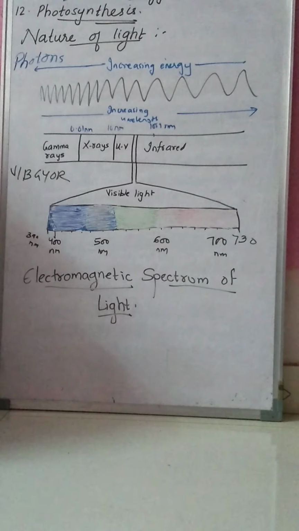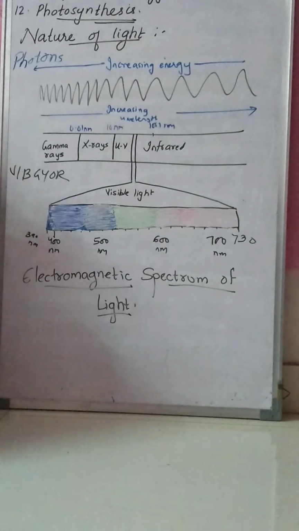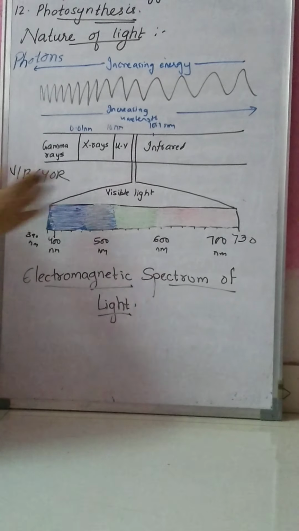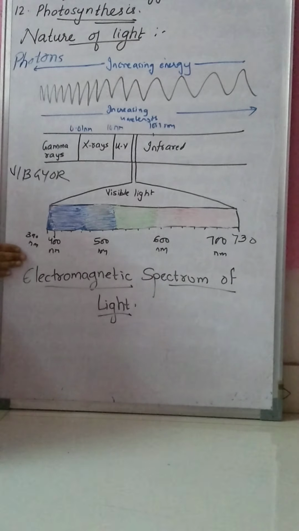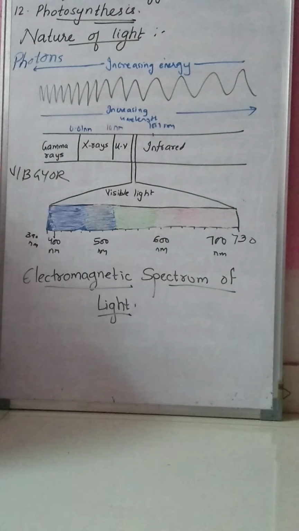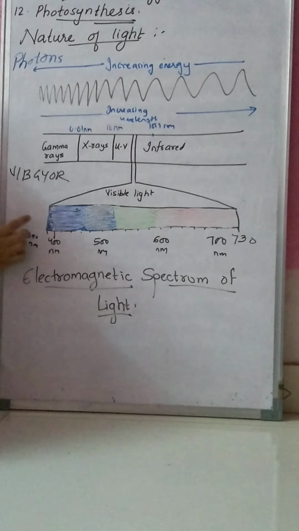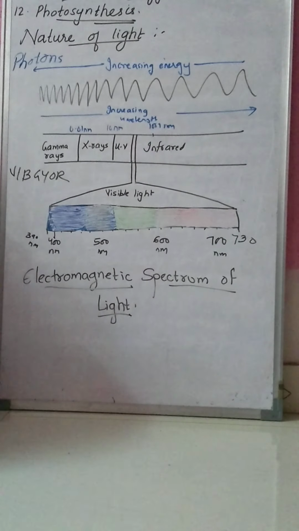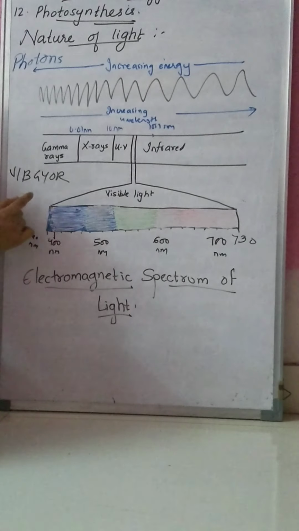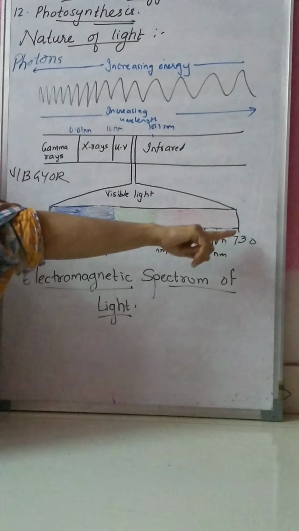So these different colors, we can see electromagnetic radiation with wavelengths, and these wavelengths range from 390 nm to 730 nm.